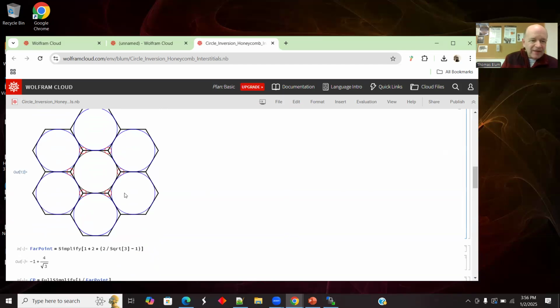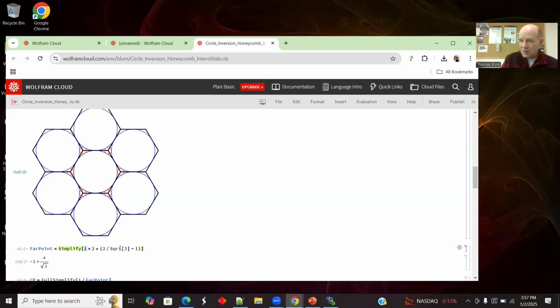Now I want to find the distance to the further end, because this center circle is going to be my circle of inversion. I want to invert the far end of that red circle. And so I want to find out how far it is from my origin. And we know that if I take 1, that takes me to the edge of the circle.